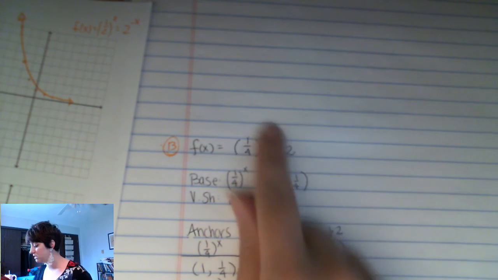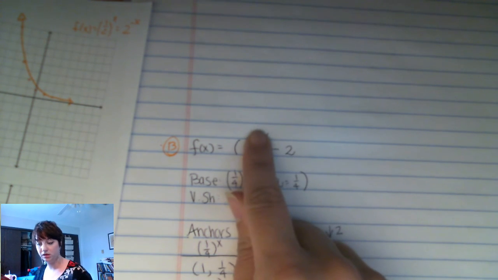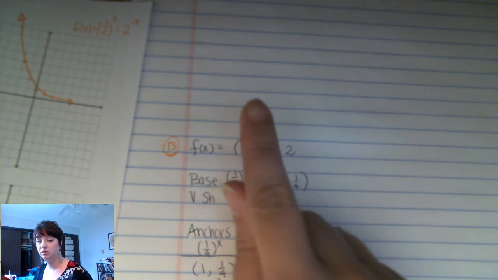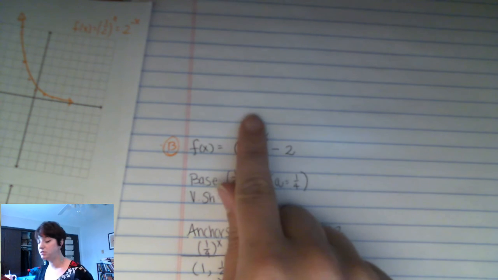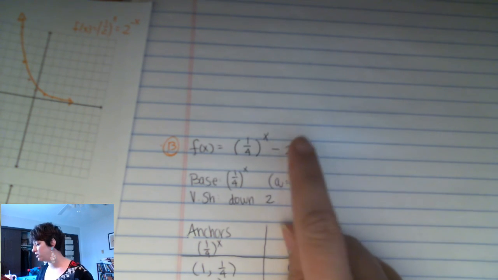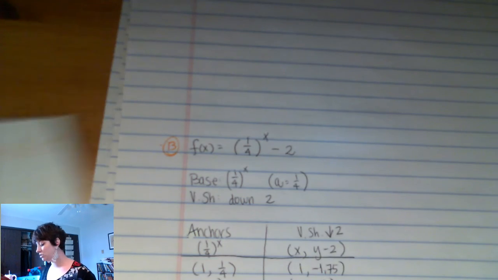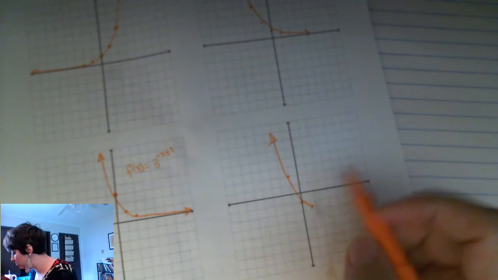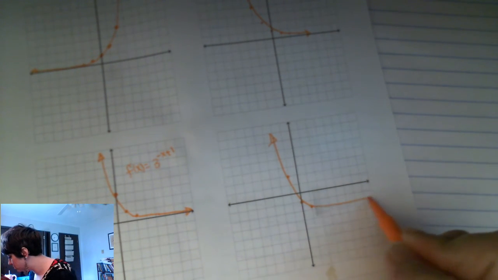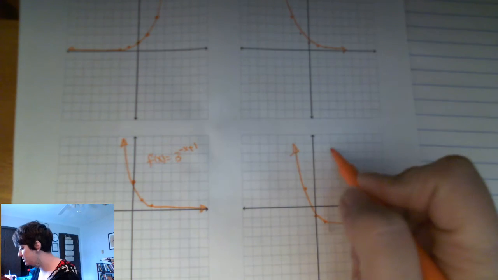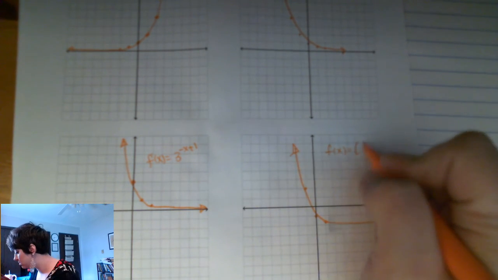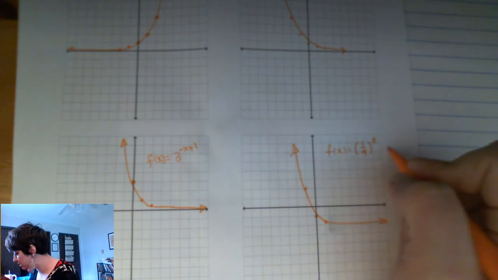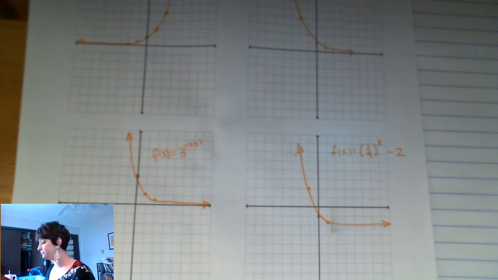So this thing is going to 0 because I go to 1/16, 1/32, 1 over 64. So this thing is going to 0, and then I subtract 2. So actually, I'm going to tend to negative 2. So like this. And this is f of x equals 1/4 to the x minus 2 on the outside.